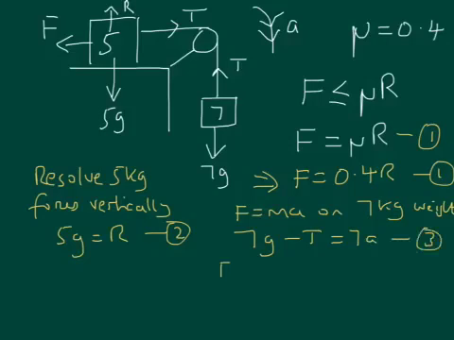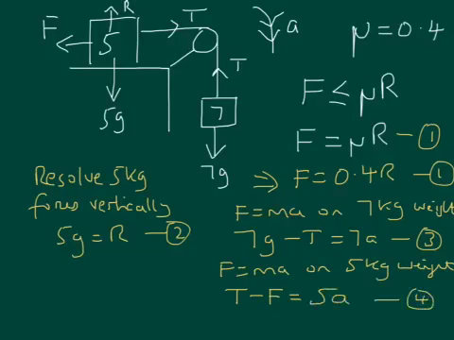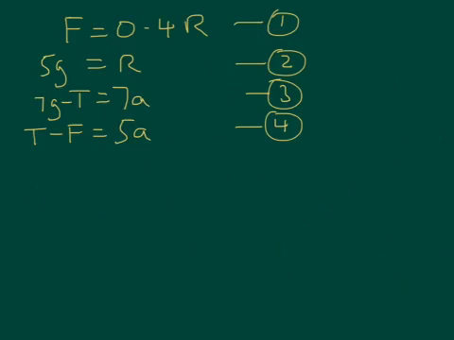And let's consider F equals MA on the 5 kilogram weight, then it's T minus F, that's the resultant force, that's the mass times the acceleration. So we've got 4 simultaneous equations to solve. So let's write those out again. So here are the 4 equations.